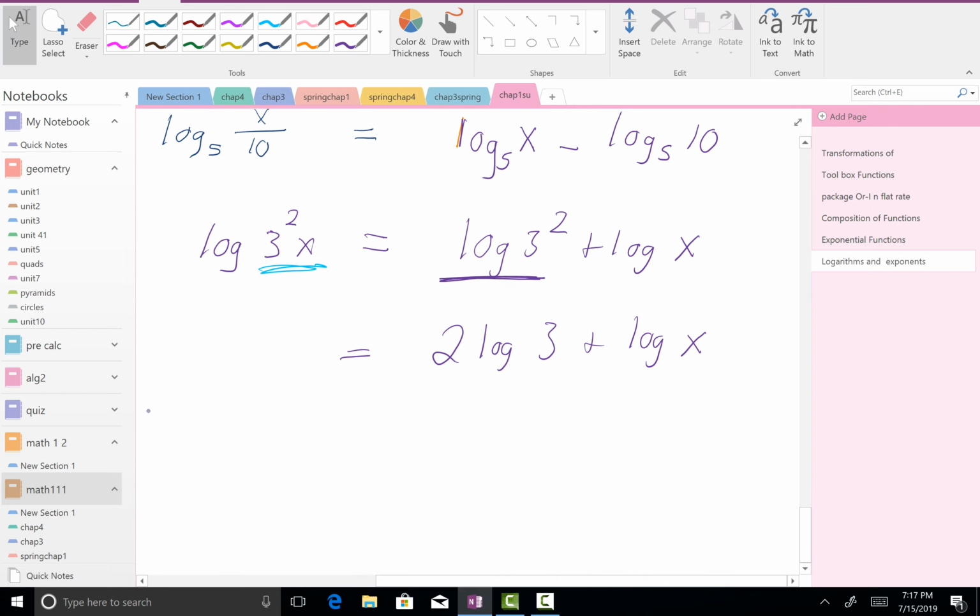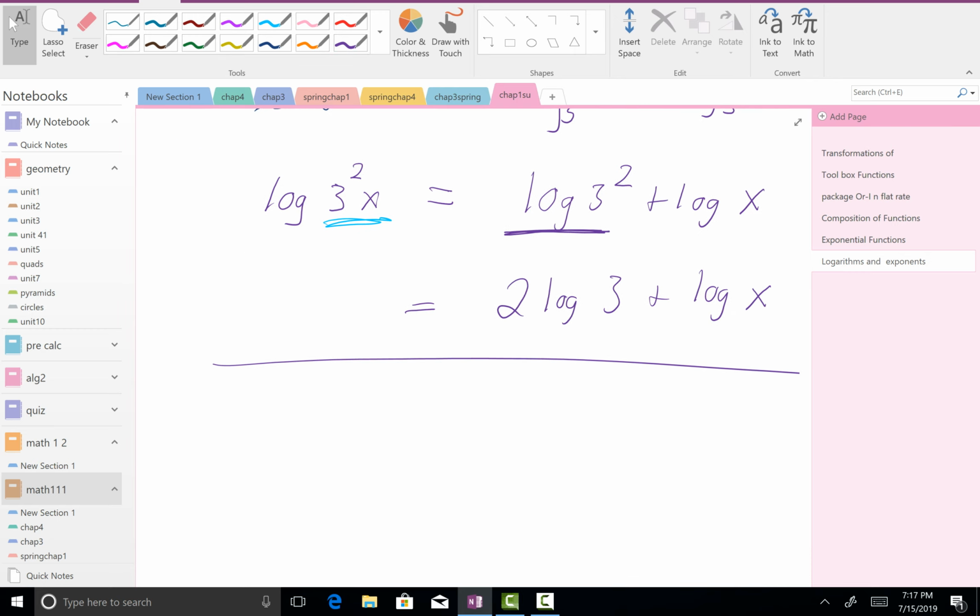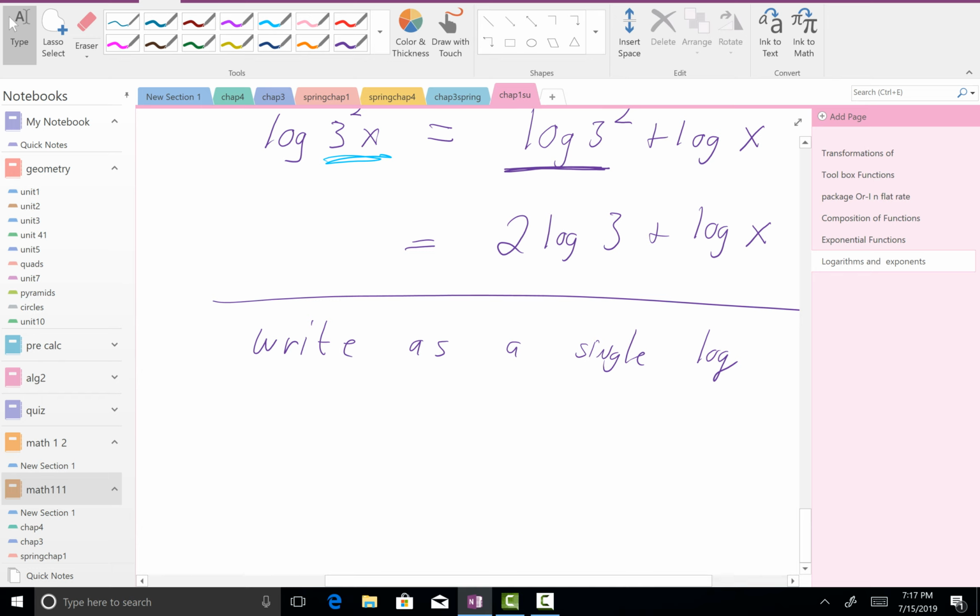Okay, they're going to ask you to go in the opposite direction. They're going to say, write as a single logarithm. So now we'll have something that looks like this: log of 4 minus the log of u.